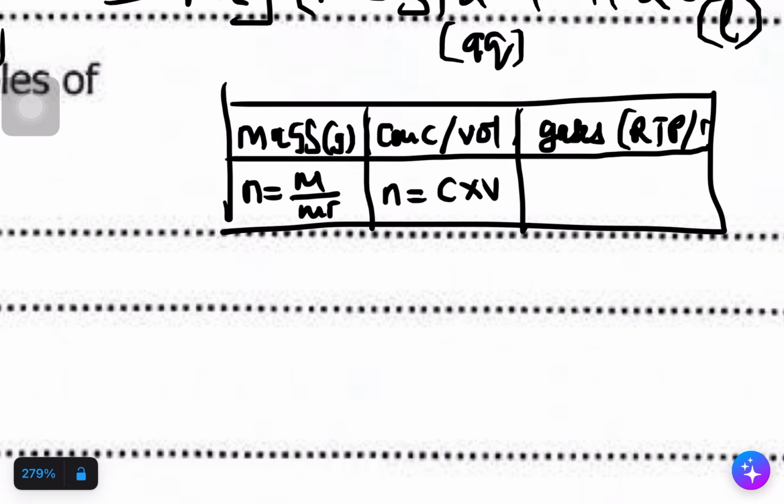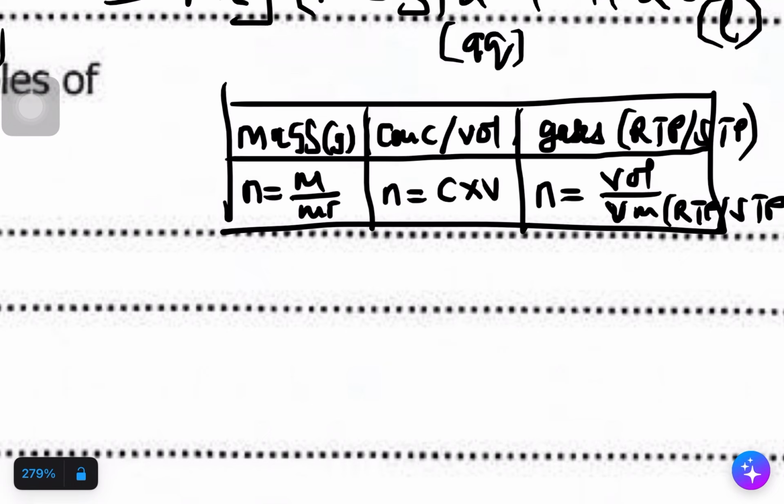For gases at RTP or STP, their formula is given as number of moles equal to volume over molar volume, and the molar volume can be a standard at RTP or STP. If you look at the periodic table, 1 mole of every gas is 24 dm3 at RTP. So that part is important.